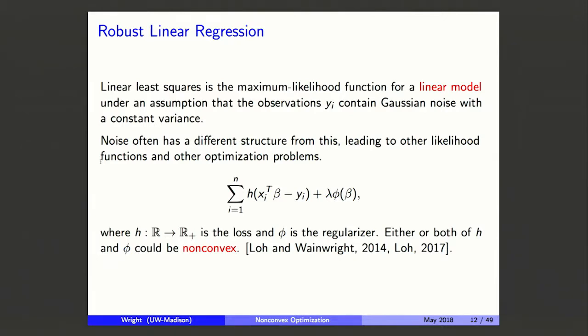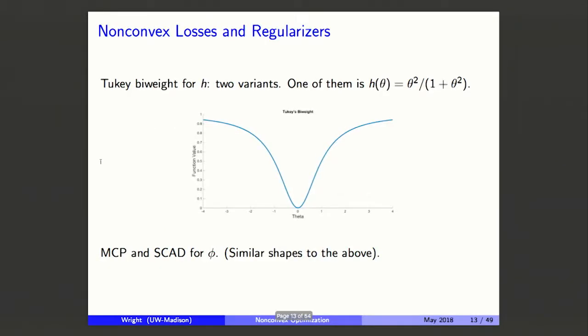So this is another source of non-convexity recently. This is where you have a linear model and possibly a regularization term with a parameter lambda. Of course, there are variants of this problem where either or both of the loss term for the residuals and the regularizer could be non-convex. And there's been some work done on these things in recent years.